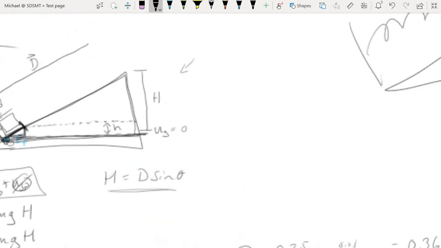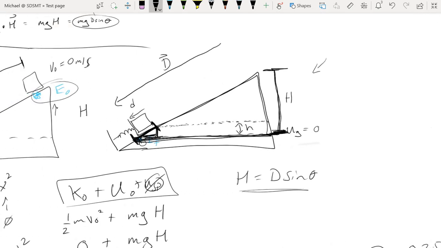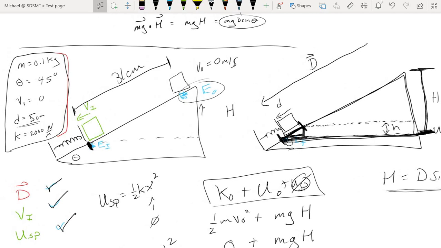And for gravity, we can sort of choose where we want our gravity potential to be measured from. But for springs, we don't have that luxury. We have to use the equilibrium position as the 0 point for our springs.